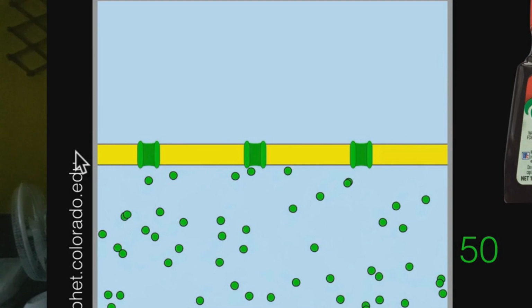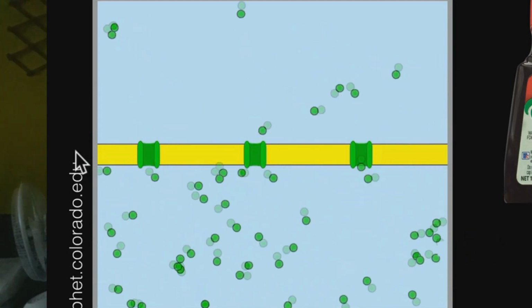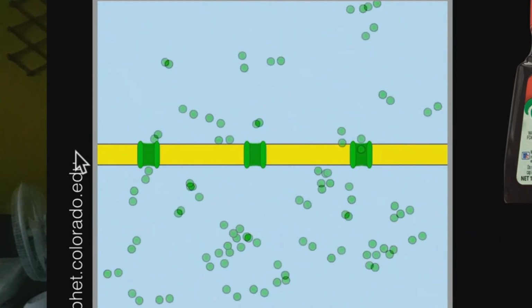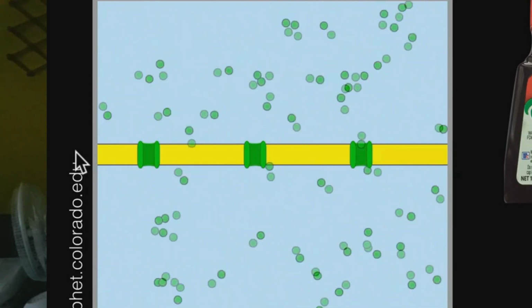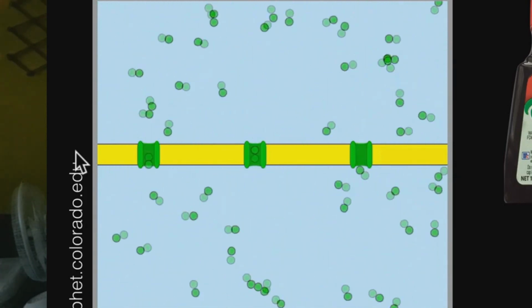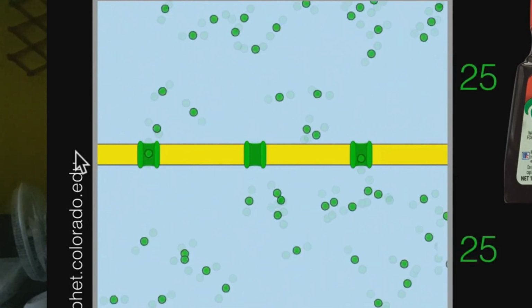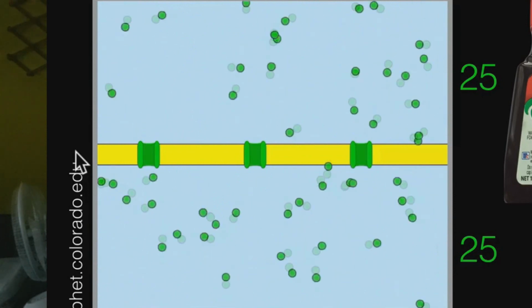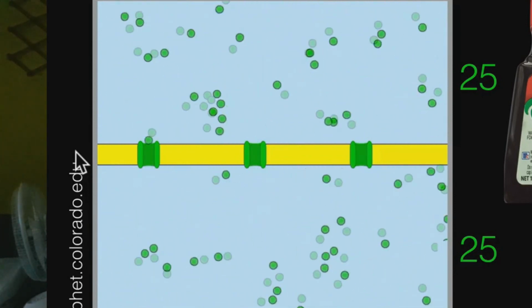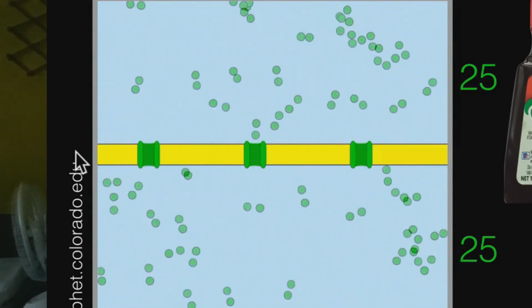Due to its chemical gradient, the tendency to move things from higher concentration to lower concentration, the molecules will pass through the membrane. Not all of them will pass through, only half of them.